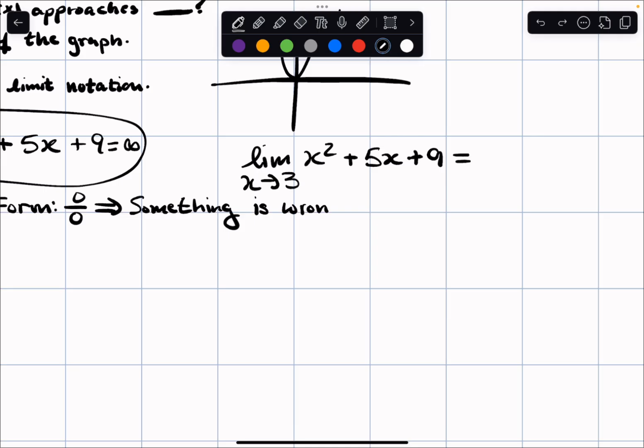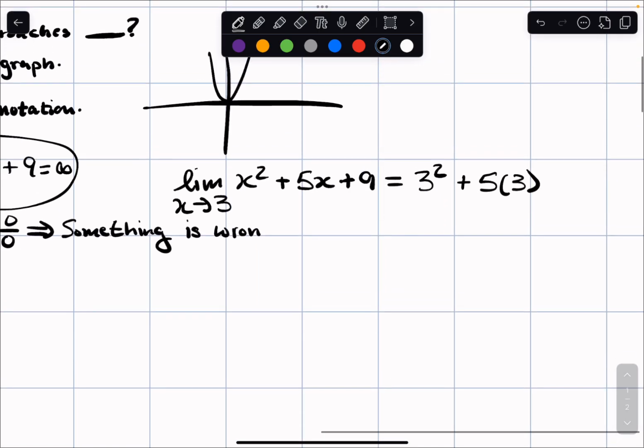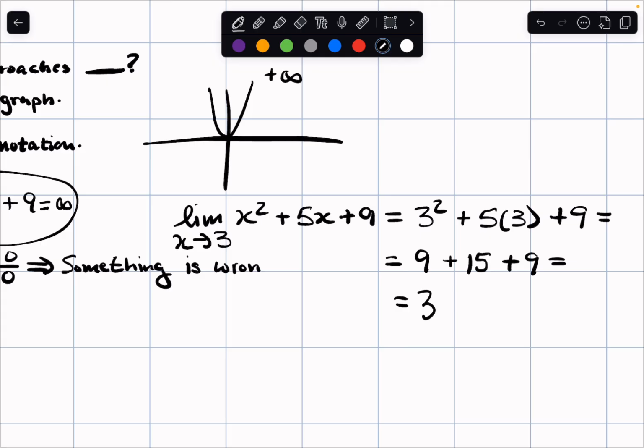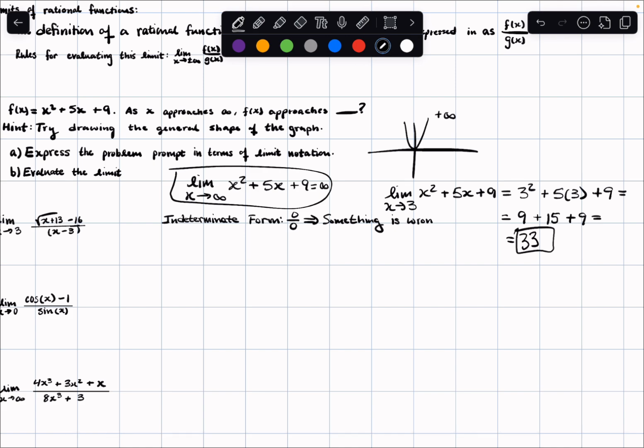So this is equal to 3 squared plus 5 times 3 plus 9, which is 9 plus 15 plus 9. 9 plus 15 is 24, and 24 plus 9 is equal to 33. So that is the limit as x approaches 3. And this works generally for continuous functions at that point.